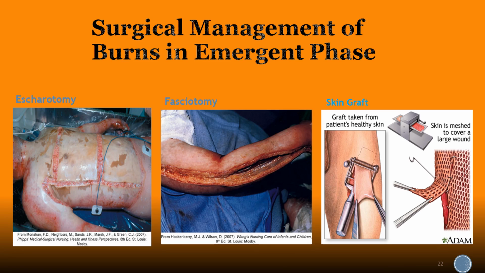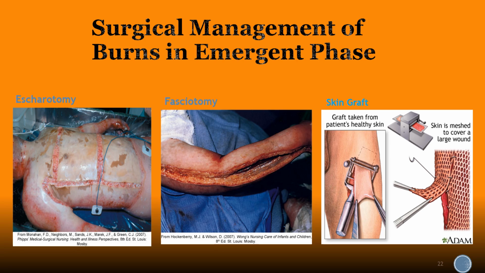This slide is just surgical management of burns. The first picture, escharotomy, full thickness to the chest. An escharotomy is a surgical procedure used to treat full thickness or third degree circumferential burns. Circumferential are ones that go around the entire circumference, around the body, around the limb, their whole circumference.